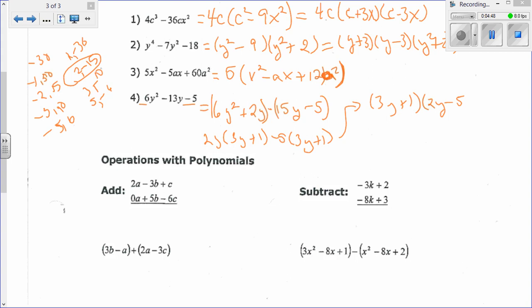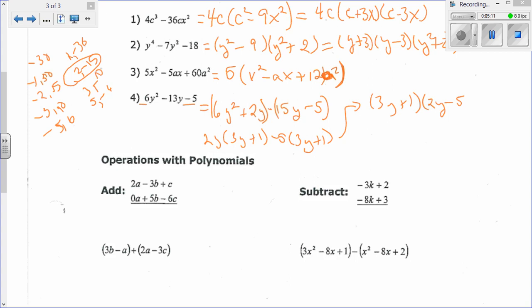Operations with polynomials. First thing we're going to do is add polynomials. When we add, we simply combine like terms. So I have 2a minus 3b plus c over 0a plus 5b minus 6c. I'm not sure if you have the 0a on your paper, I don't remember.